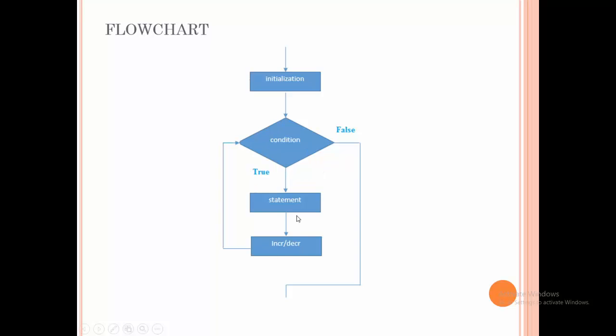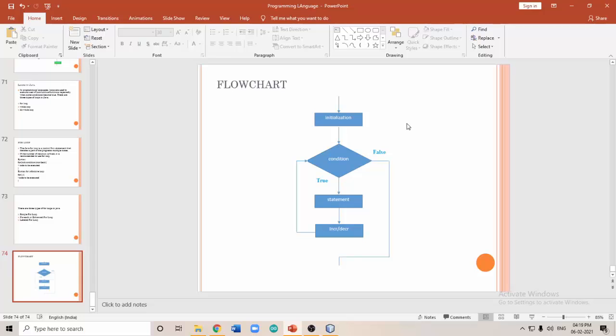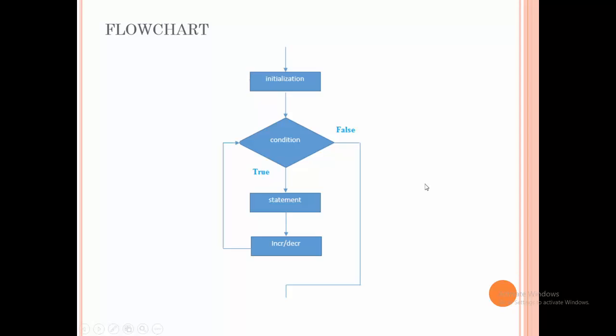The loop gets executed again and again. I will just give a simple example for the for loop for today, and the remaining part we will see in the next session.